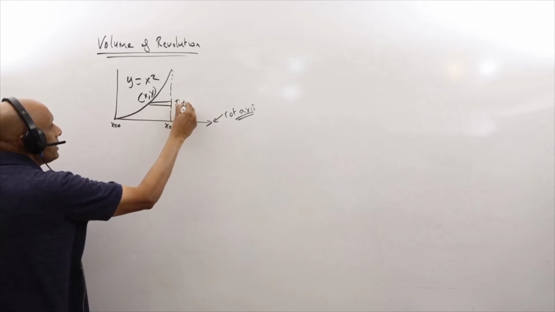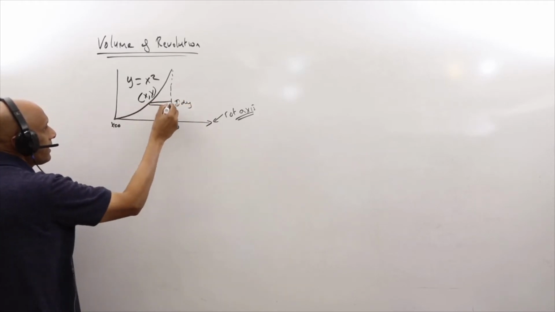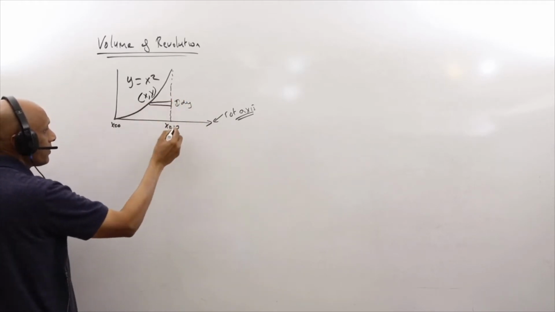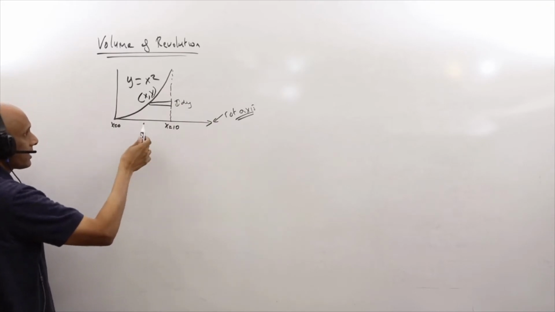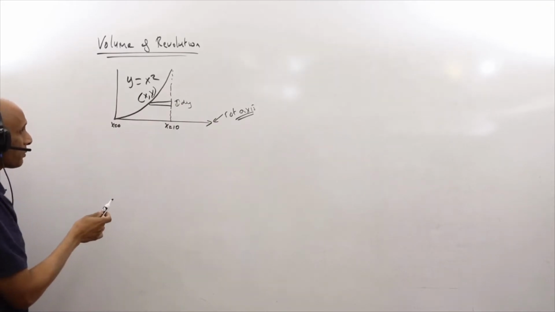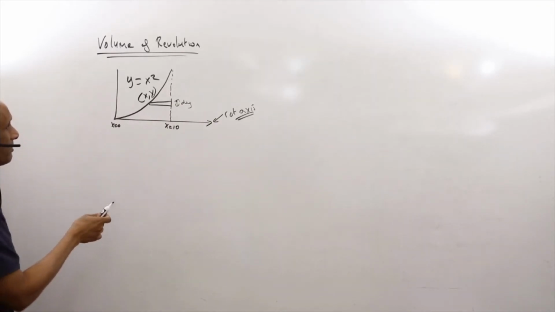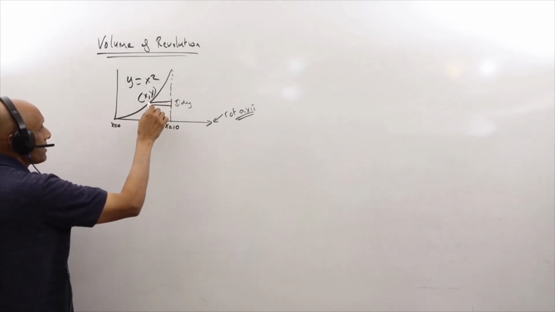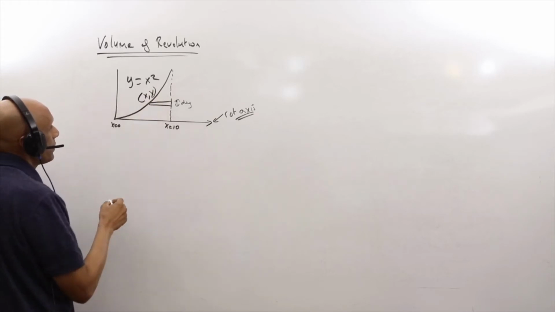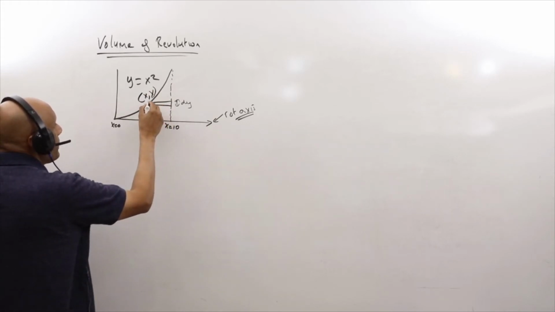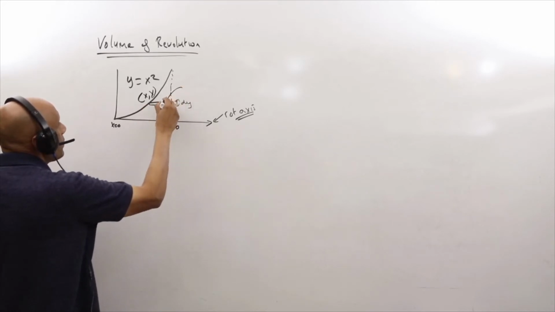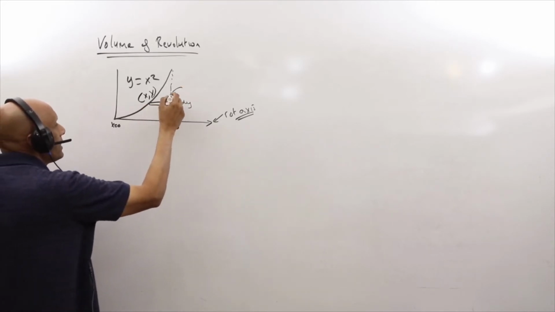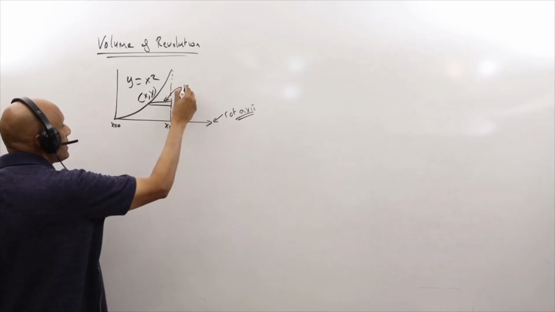Its thickness happens to be dy, and its length, in this case, is determined by the reason I chose x equals 10: we can't really generalize shells very well, so you have to go to a real curve and try to construct this. I'm taking y is equal to x squared. So from here to here, what is this length? This length on one side is given by 10 minus x.